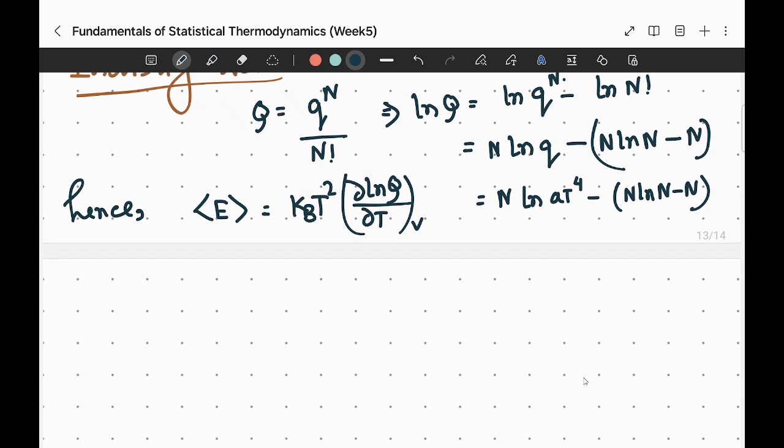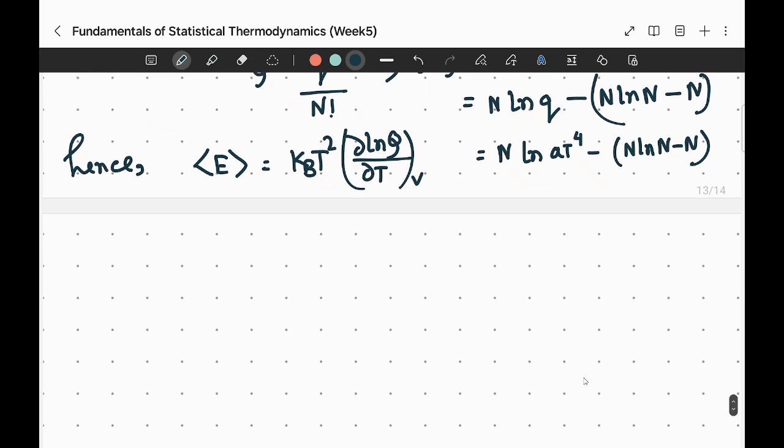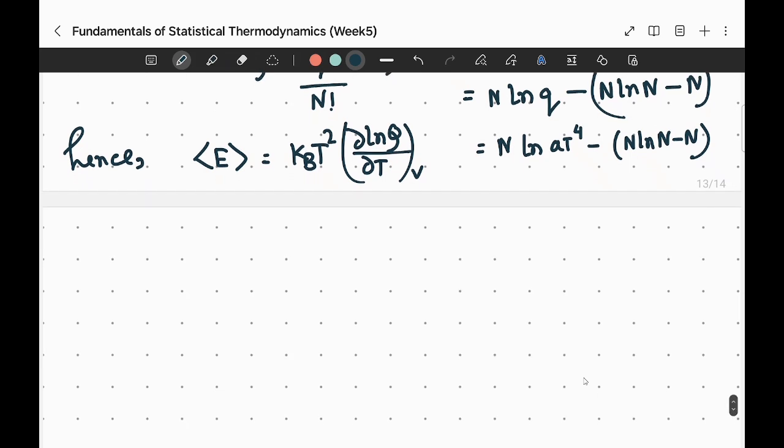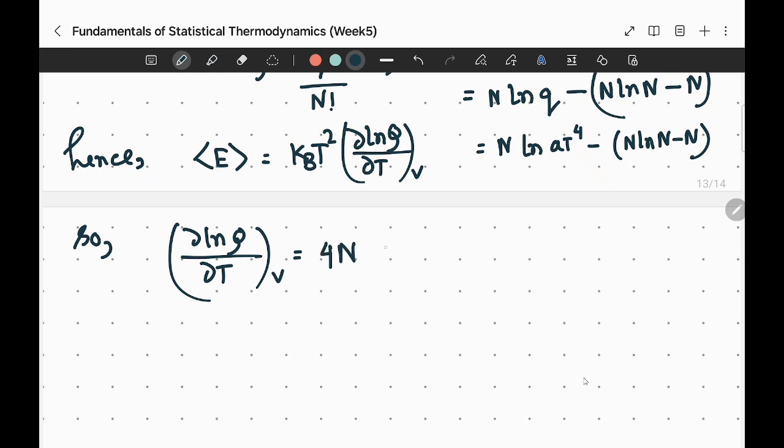N ln N minus N. In terms of temperature, it will be constant, because there is no temperature. Let me do it. So what will be d ln Q dT? Only the first term will contribute. So it will be N 4 d ln T by dT.